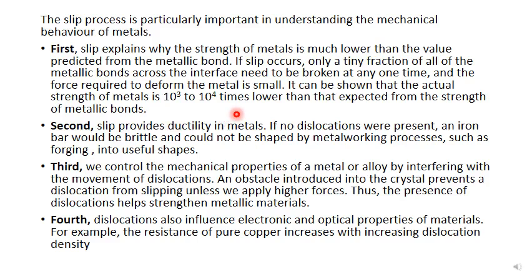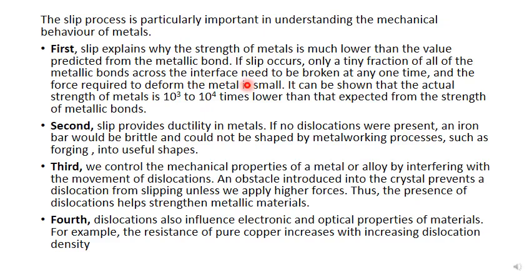Which means that if there are no dislocations in the structure of metals and alloys, and we need to deform these materials, we need to break the metallic bonds, which means we need 10 to the 3 to 10 to the 4 times higher applied stress to do so, which is quite high.